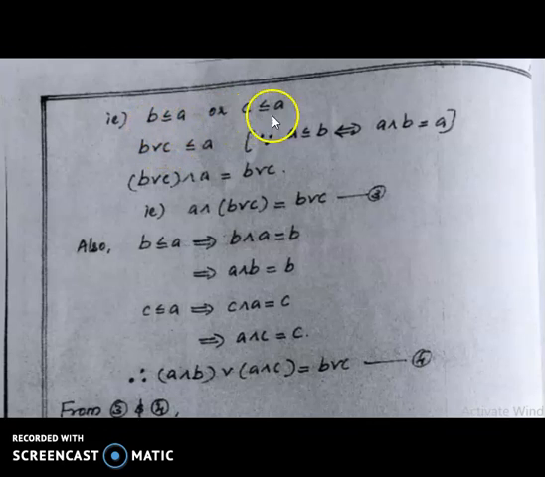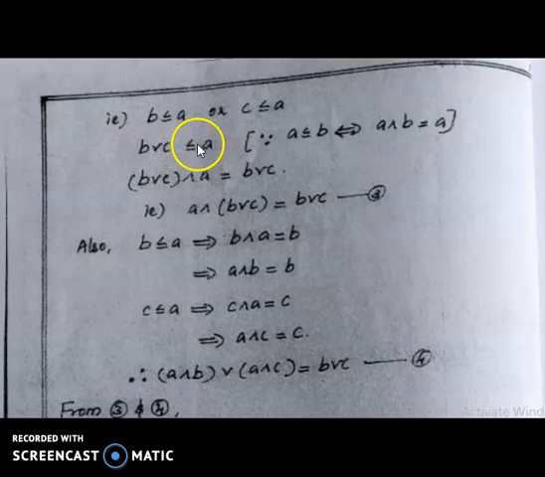So considering this, we write B less than or equal to A, C less than or equal to A, which means B or C less than or equal to A. So combining these two, we can write B or C less than or equal to A. Okay, now we have a property. A less than or equal to B means A and B is equal to A. So here also you have less than or equal to.